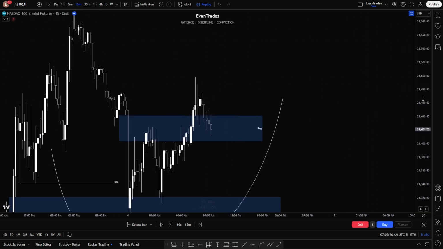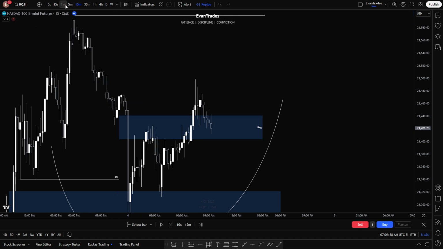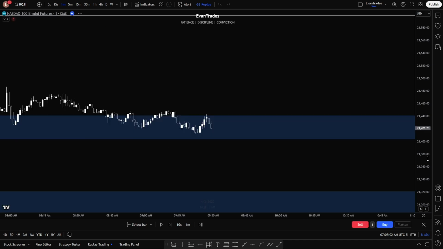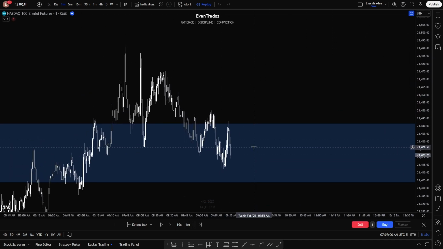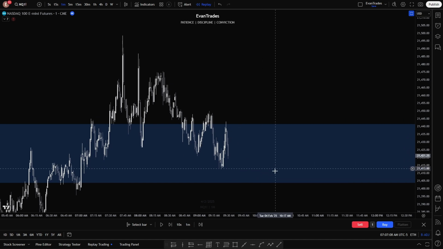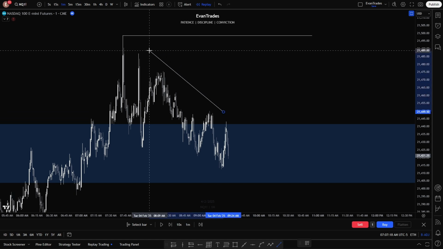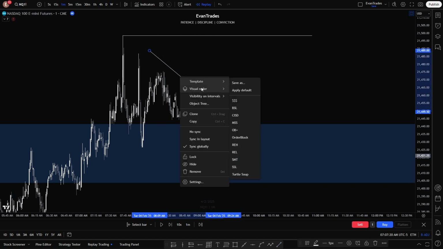Okay, now we are going to go to New York Open. So we're going to go into the 1 minute. And right off the start, I also see the same exact thing. We have an external high. We also have generated highs along the way.